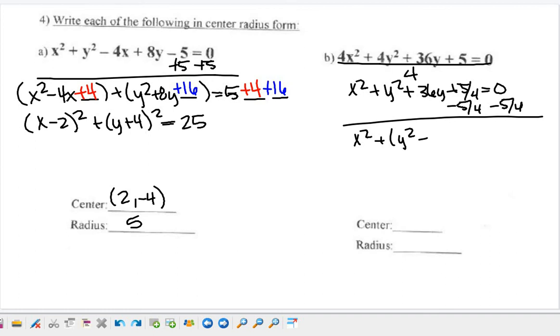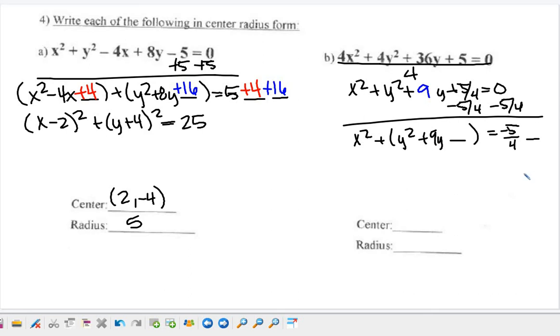So here, this should be 9. I knew that number was way too big. So this should be 9. Which means this would be plus 9y with a blank equals -5 over 4 with a blank. So that's a little bit better. So half of 9, fractions.